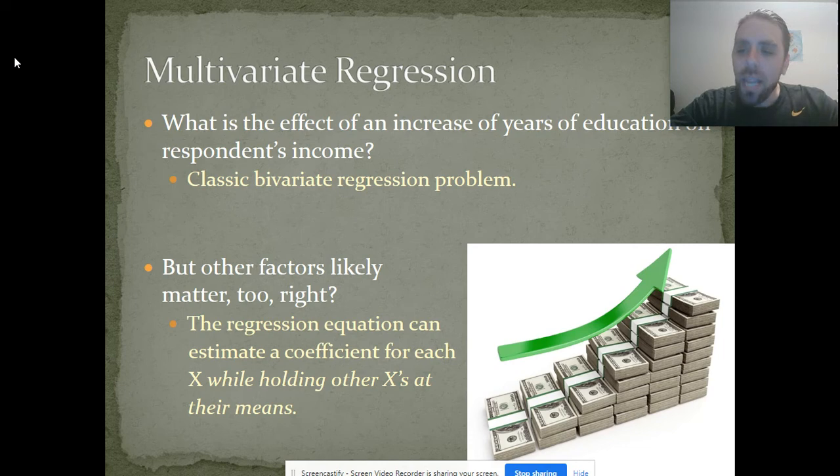The equation then will estimate B, the regression coefficient or the slope coefficient, for education while assuming that sex is held at its mean. And it will calculate the effect of sex while assuming that education is at its mean. That's the process of partitioning correlation and trying to separate the effect of one variable from the other variable.